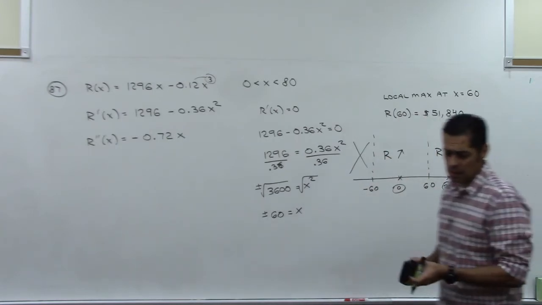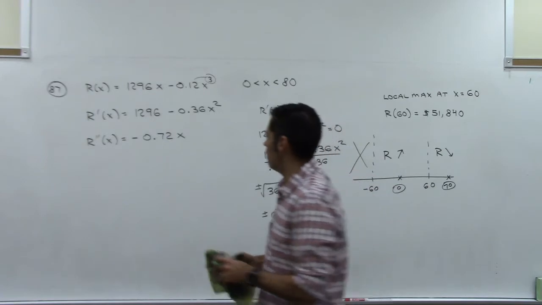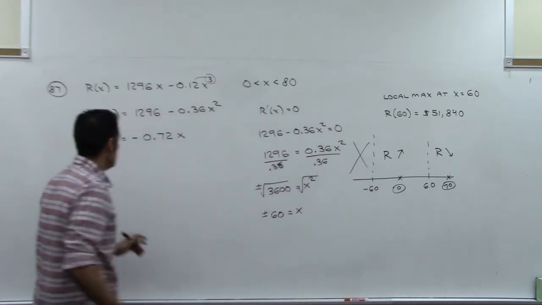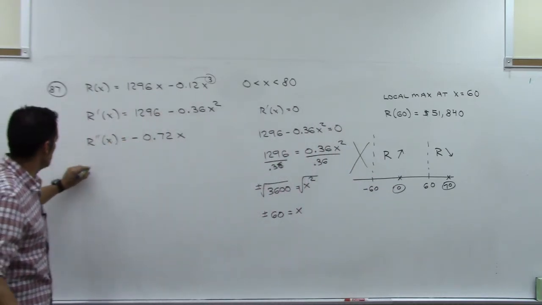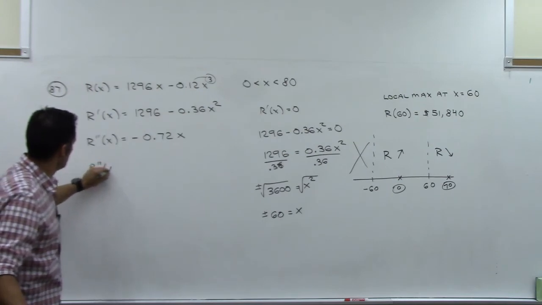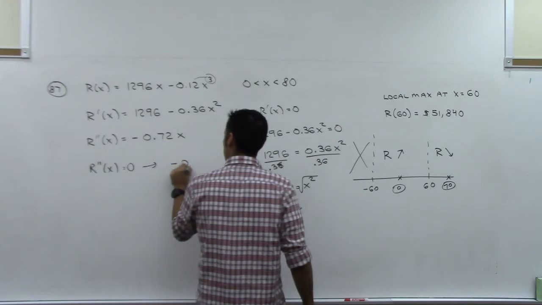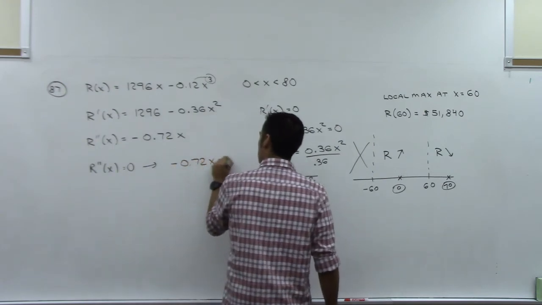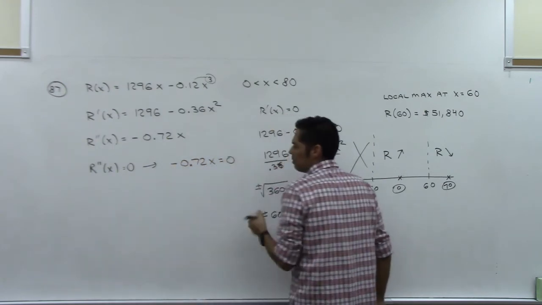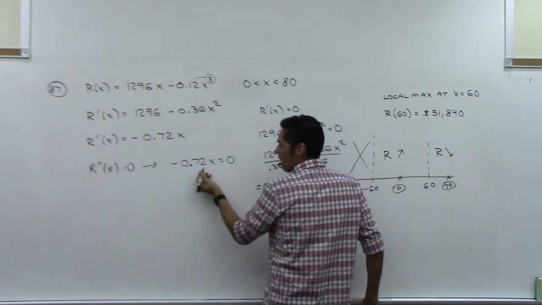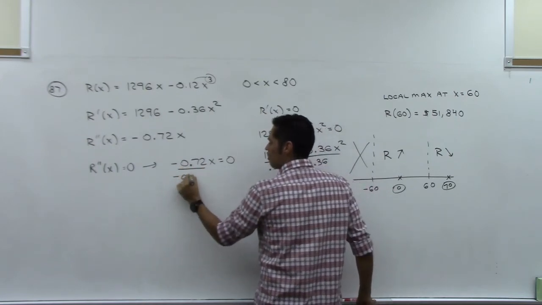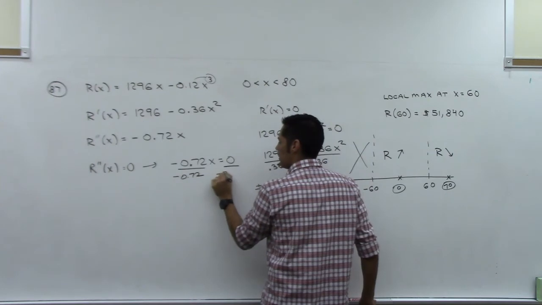All right, and then the second part of this is to figure out where it's concave up and concave down. So what I'm going to do is take my second derivative, set it to 0, which means I take negative 0.72x, set it equal to 0. And this is pretty clean because I can just divide out negative 0.72 on both sides.